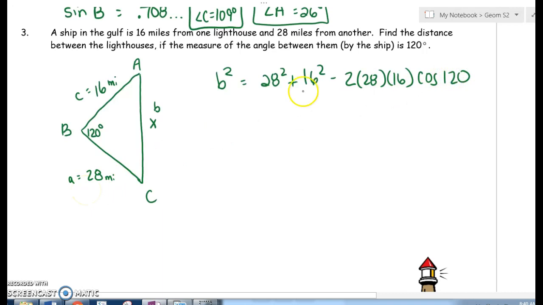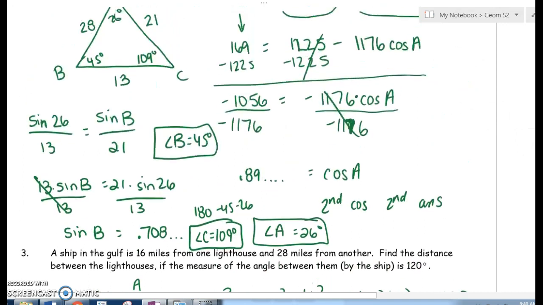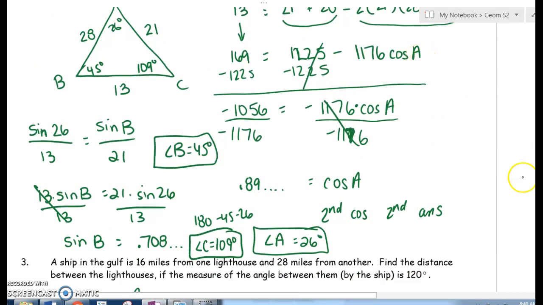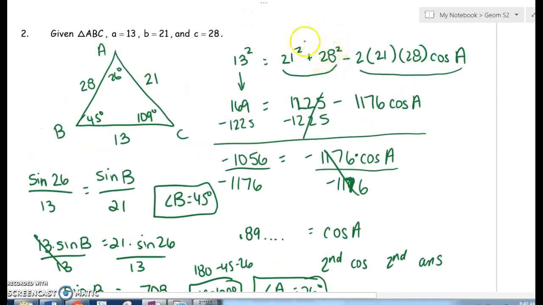So we've got this, and this is going to be like the first problem. What we can do is notice that we have an actual number with the cosine. It's not like the one above it where we had cosine of A. When we did the one above it, I said we could only combine these two numbers together, and then we could combine like these numbers together, but once we had these two, we couldn't combine them because one had a cosine and one didn't.